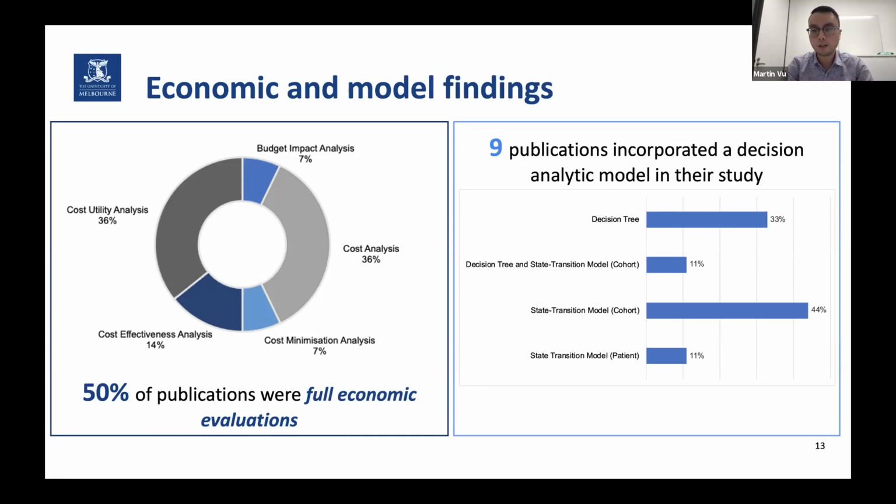Only 9 publications incorporated a decision analytic model in their study, and I just want to highlight here that only 1 of the 9 used a patient individual level state transition model, where the others are mostly cohort level, either being a decision tree or state transition model, otherwise known as a Markov model, or a combination of both.